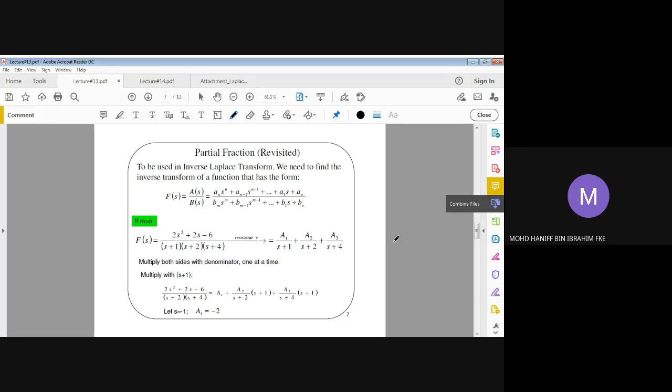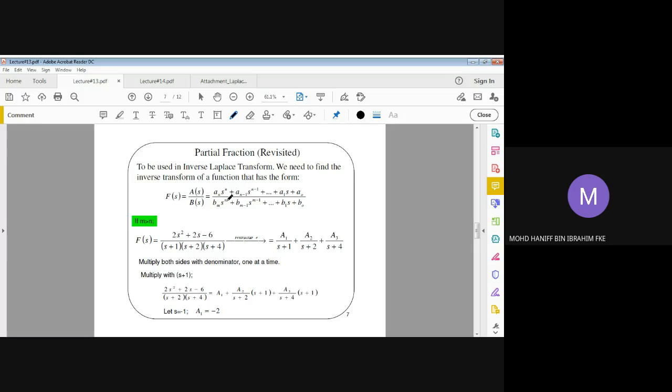For instance, if you have your F(s), in the S domain or frequency domain, let's say the equation is written in terms of a numerator and denominator, A(s) over B(s).